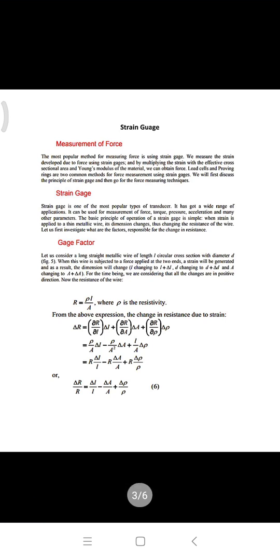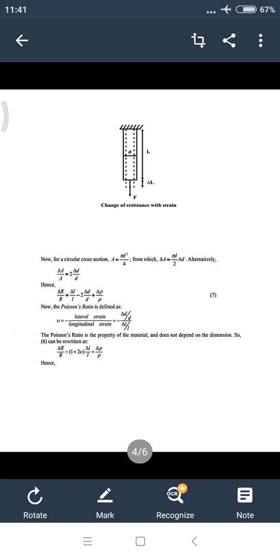From this equation, the change in resistance due to strain, delta R, is given by the total differentiation: delta R equals del R by del L delta L plus del R by del A delta A plus del R by del rho delta rho. Differentiating with respect to L, A and rho, substituting in the equation and rearranging, we finally get delta R by R equals delta L by L minus delta A by A plus delta rho by rho.